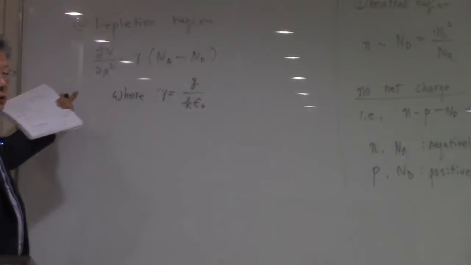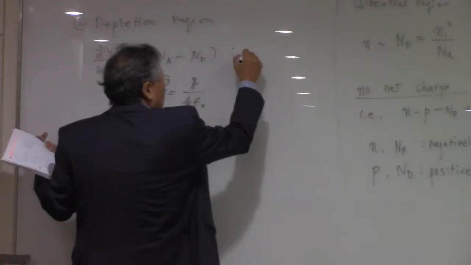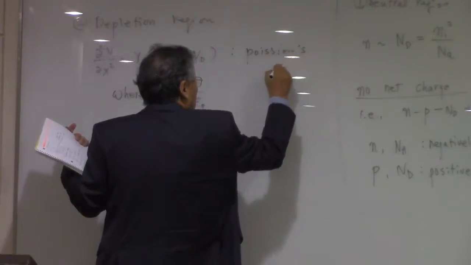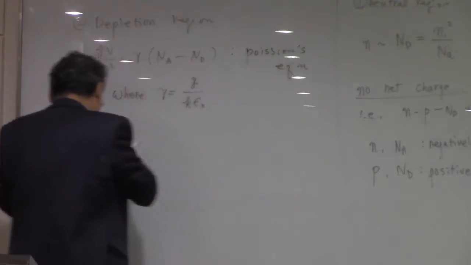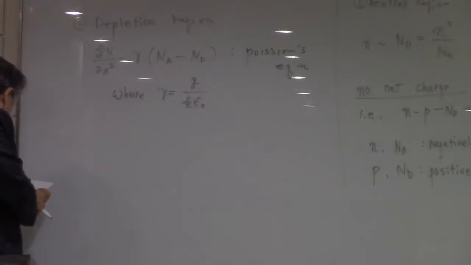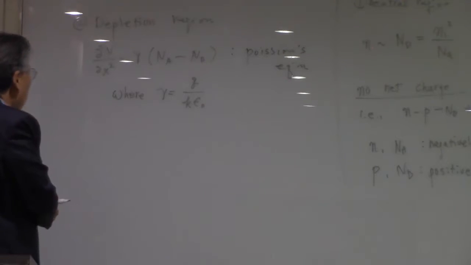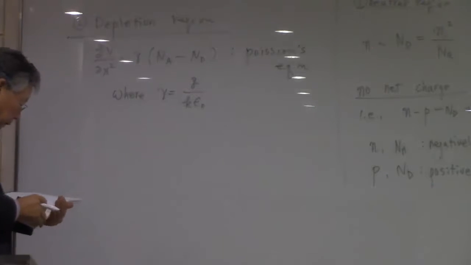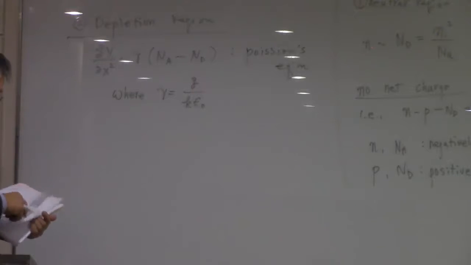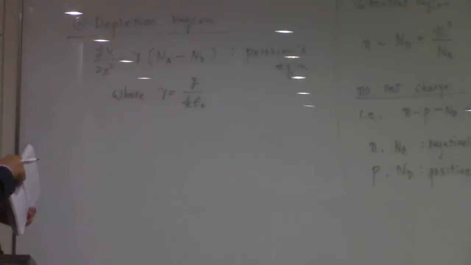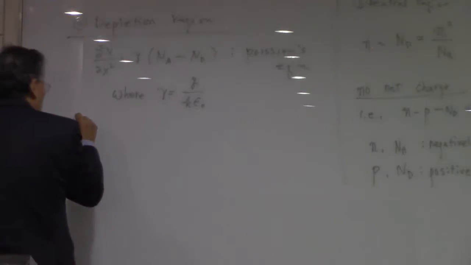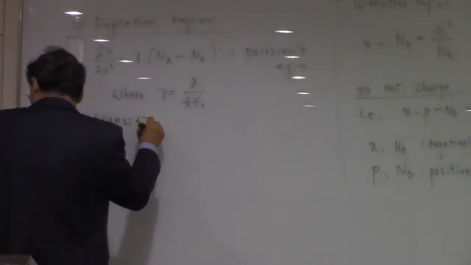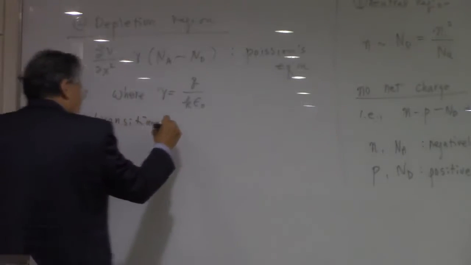That is a Poisson equation, as a matter of fact. Right? And we'll focus on this depletion region. That is the most important part, and we're going to discuss it in a minute. And let's just move to the transition region. We'll be back to the depletion region in a minute.